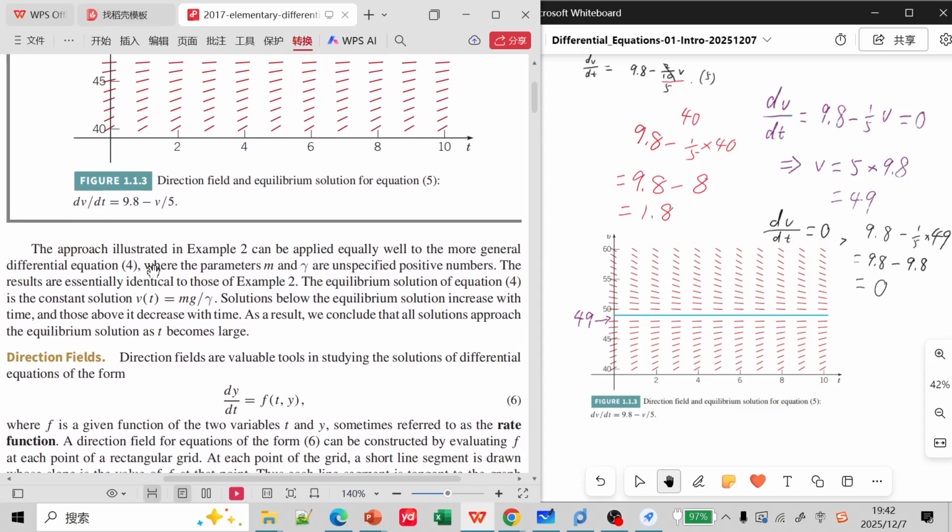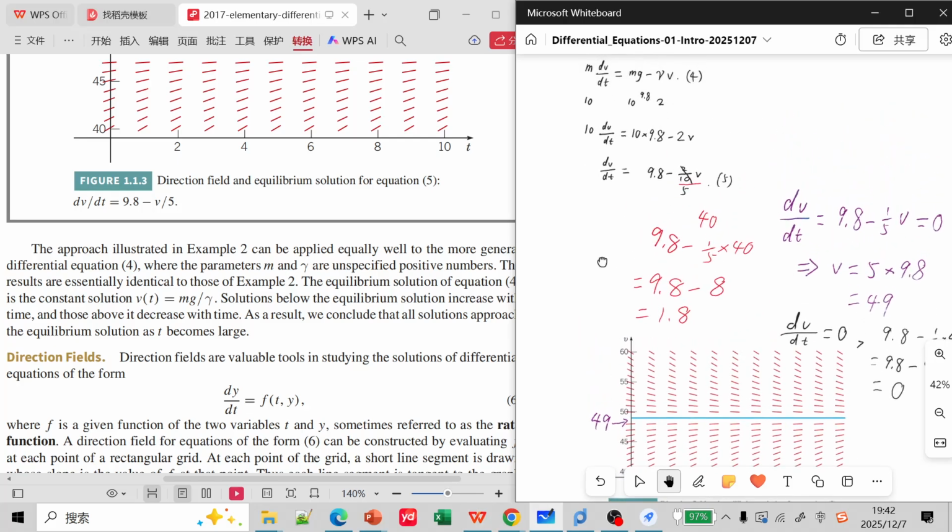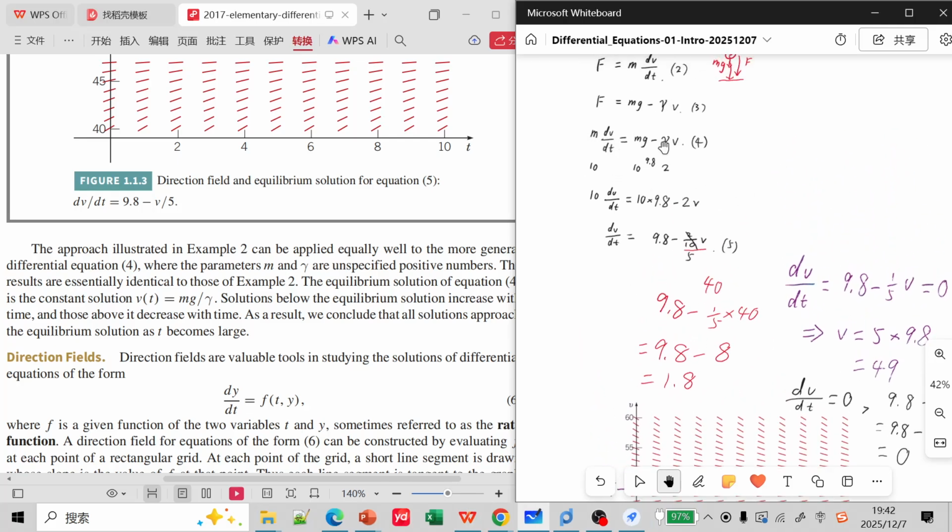The approach illustrated in example 2 can be applied equally well to the more general differential equation 4. Here this equation is equation 4, where the parameters m and gamma are unspecified positive numbers.